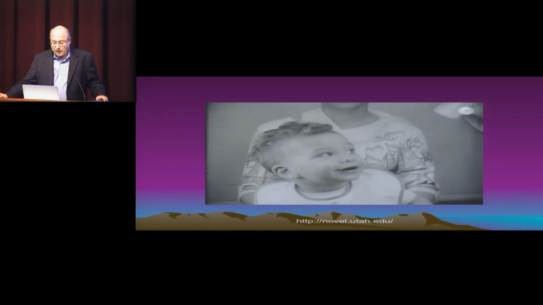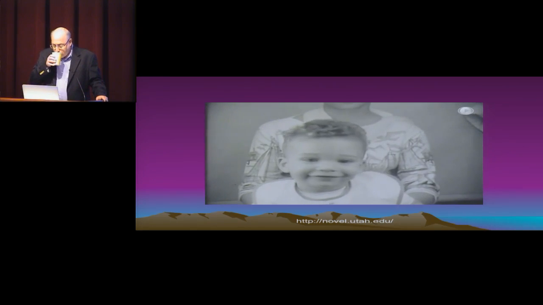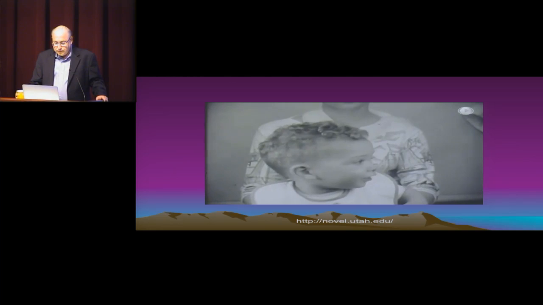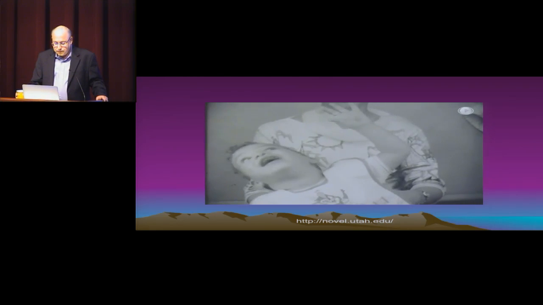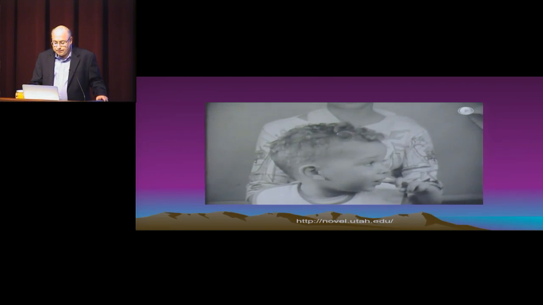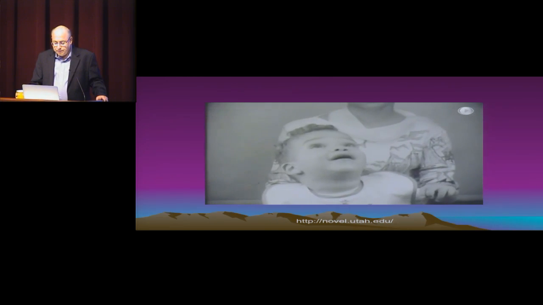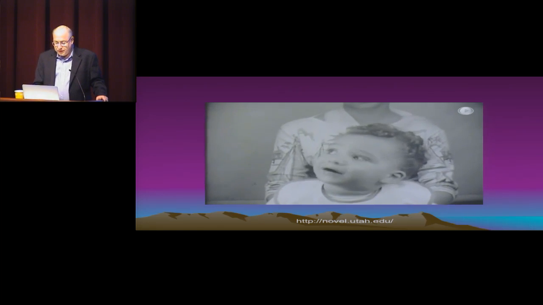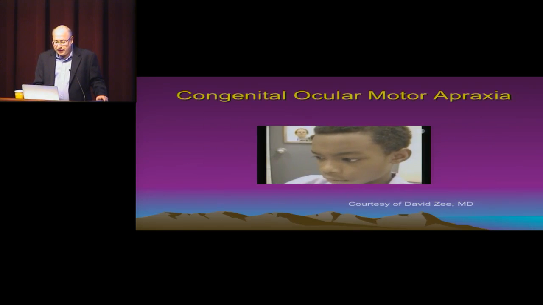As he looks around the room, look how he does it. With oculomotor apraxia, they turn their head instead of their eyes to fixate an object off on the side. The head moves past the object of regard and then comes back to straight ahead. And then here's an older kid trying to read.